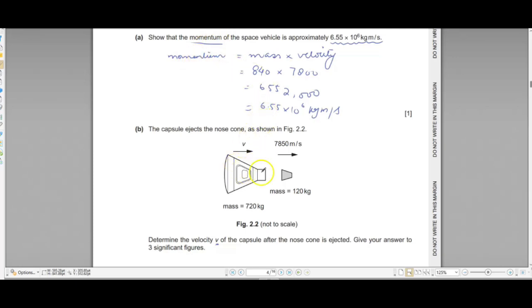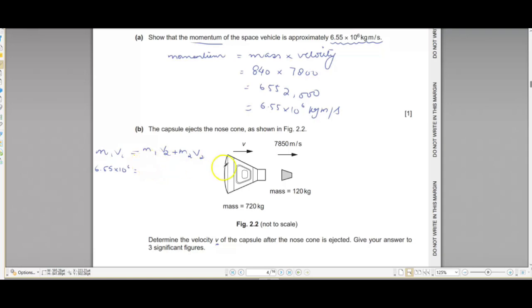So if we know this concept, we know that there is going to be a momentum which was there before this nose cone got separated. So that is going to be m1 v1, and this was a single entity at that time. Now it has transformed into 2 entities. So now the mass of the first one into its velocity plus the mass of the second one into its velocity. For m1 v1, we already know that before anything happened, the momentum was 6.55 × 10^6 kg m/s.